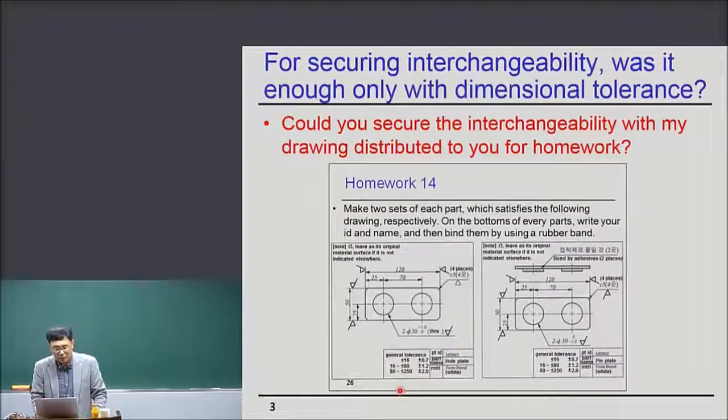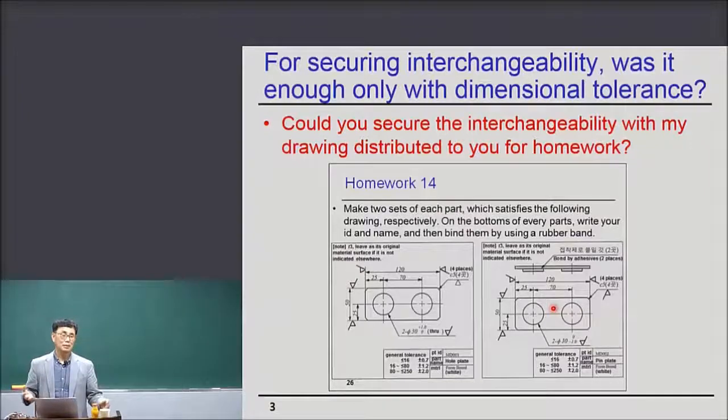Okay, and my question is, could you secure the interchangeability with my drawing distributed to you for homework? This is the drawing for homework 14, and in this homework you really manufacture the parts which obey the dimensional tolerance of this drawing.